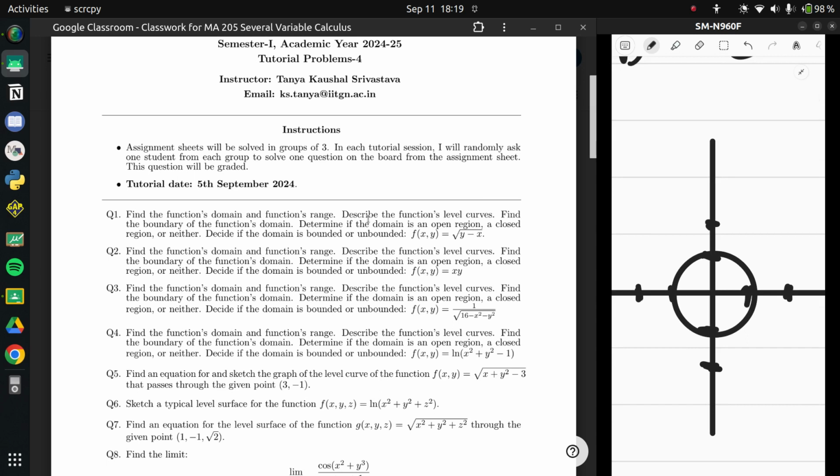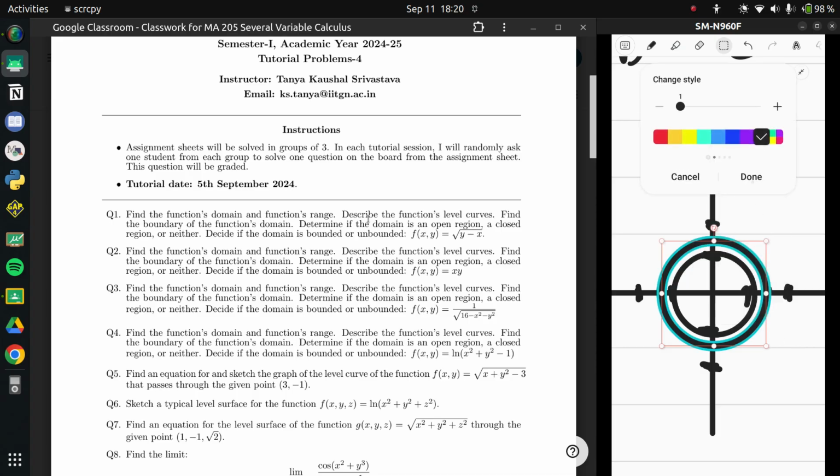Square root of 2 is like 1.4, so it's somewhere around this. Cool. Right, so this is what the boundary condition is.